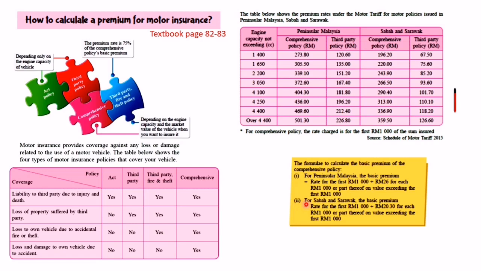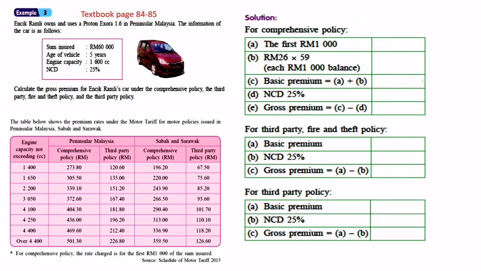For Sabah and Sarawak, the basic premium is cheaper. Let us look at the formula: rate for the first 1,000 plus 20 ringgit 30 cent for each 1,000 or part thereof on value exceeding the first 1,000. To know further, let us refer to example 3.